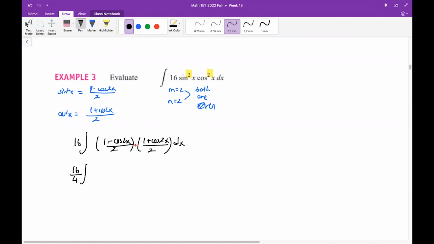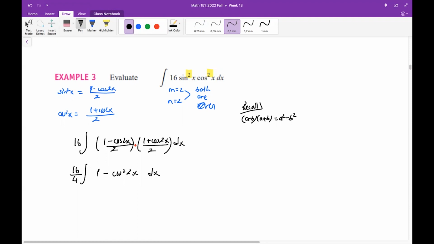It is in the form like 1 minus a, 1 plus a, so you can easily multiply it. Maybe I should do a very quick recall here. If you have such a multiplication, a minus b, a plus b, it is multiplied as a square minus b square. Remember? So that's what we have here. A is 1, b is cosine 2x, so a square minus b square dx, and 2 times 2 is here as 1 over 4 in front of the integral.